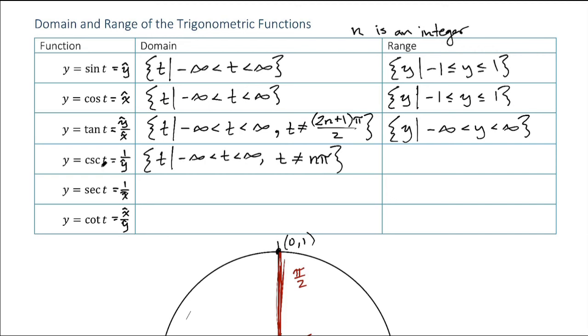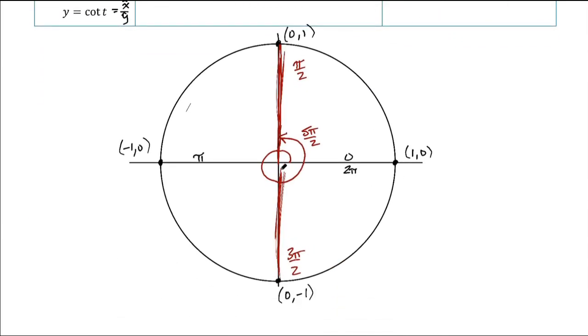All right, now for our range, cosecant is 1 over the y coordinate. And all of our y coordinates are between negative 1 and 1. We know that. So when you take 1 divided by a number between negative 1 and 1, first of all, you can't get a number between negative 1 and 1. Because, for example, to get 1/2, you would have to have 1 divided by 2.